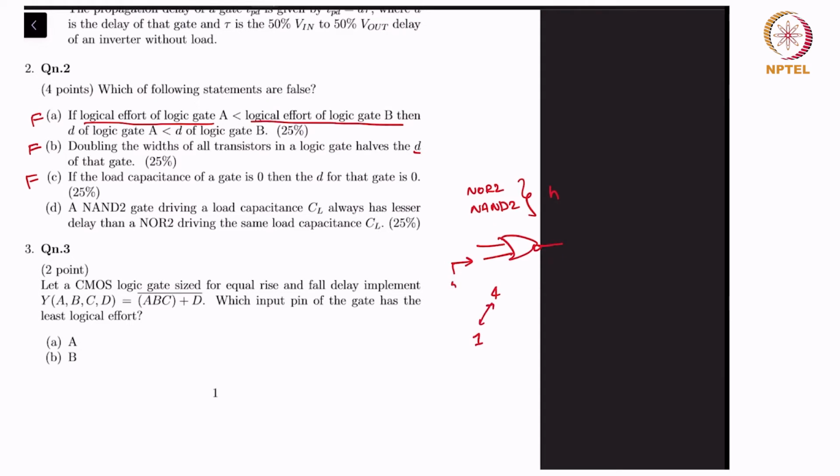So that will be 5 is C gate, so it will become CL by 5. That's the H, right?